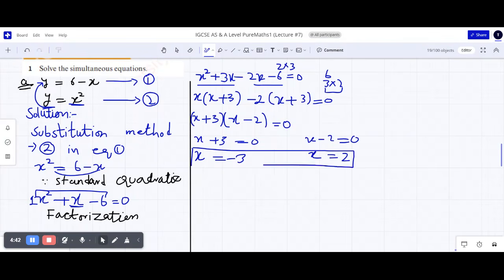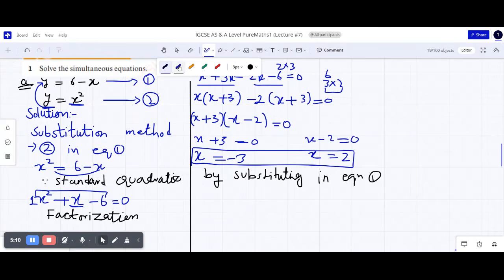Now we will substitute in any one equation to find the y values. Simultaneous equations mean solving for x and y both. By substituting in equation 1.